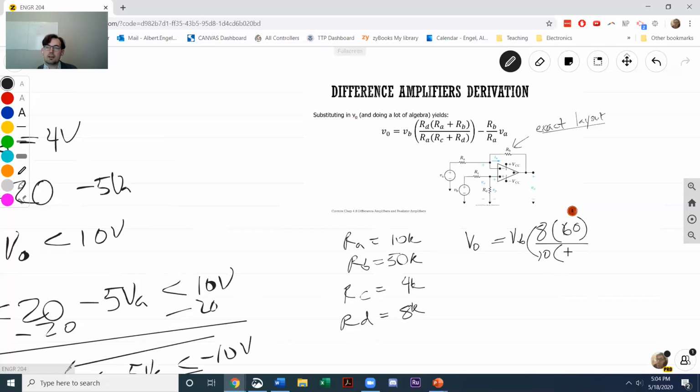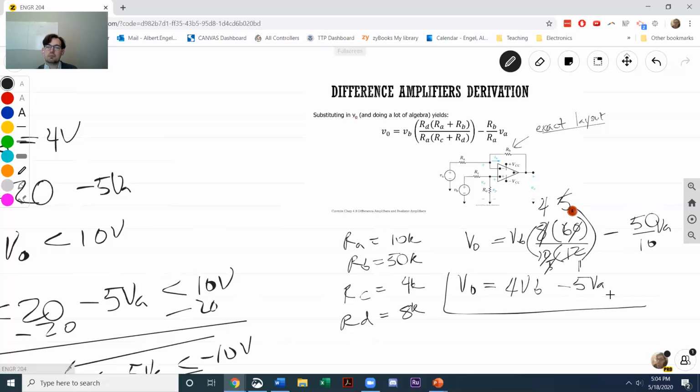I'm going to add those two together. That's 12. And then I'm going to subtract RB divided by RA, 50 divided by 10, times VA. Simplifying this a little bit, this becomes 5, this becomes 4/5. Simplifying this, this just becomes 4 VB minus 5 VA.